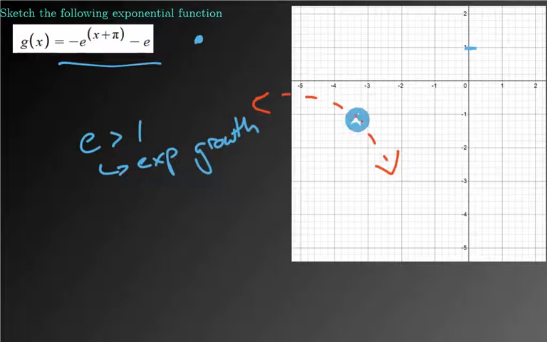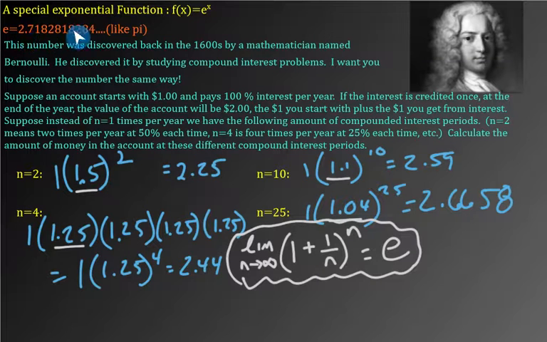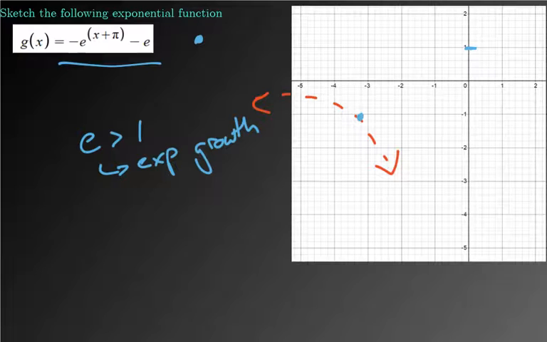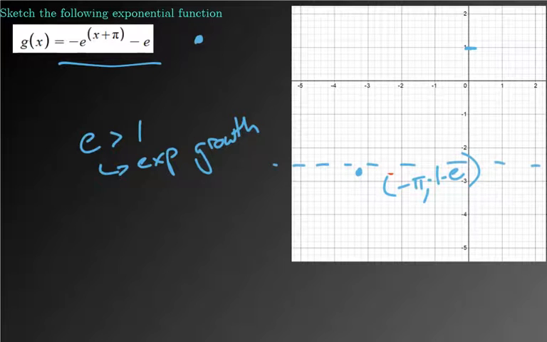So it's like negative 1 minus 2.7, this weird number, 2.71828, blah, blah, blah. Which would put me somewhere kind of down around here. So this point, we're going to say, is minus pi, comma 1, or negative 1 minus E. And I'm going to get rid of this. And then, we shifted it down E, so the horizontal asymptote is just y equals negative E.